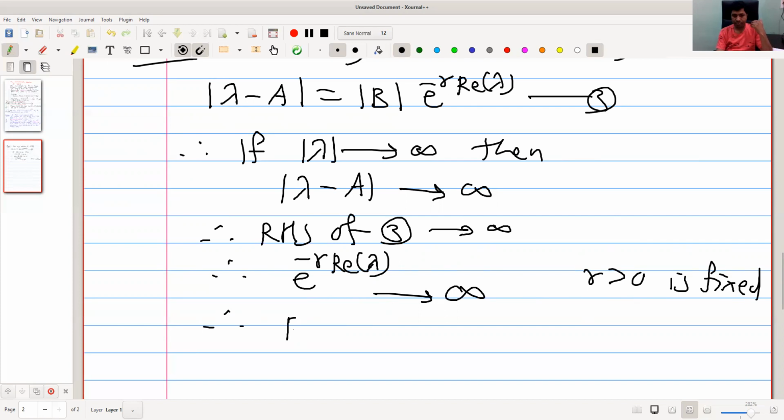Therefore, the real part of lambda must tend to minus infinity. And this proves the first part, I think.